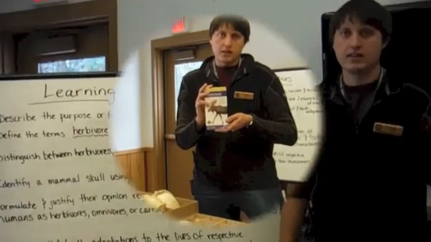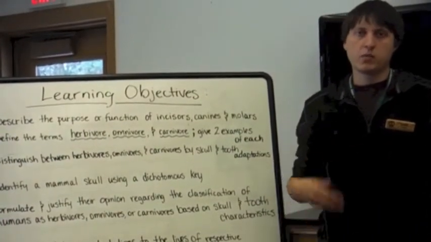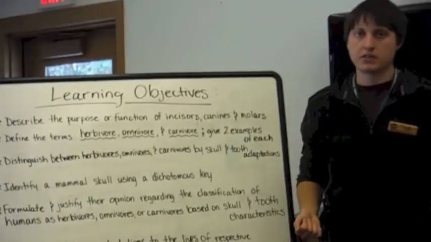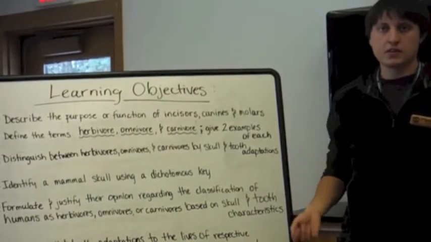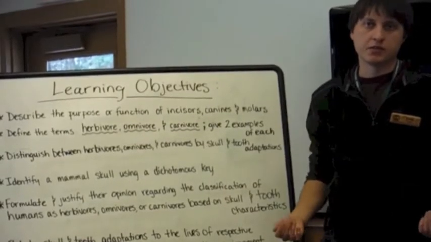So when concluding the Skullduggery lesson, one thing we want to do is make sure that we review the learning objectives, so making sure that the students can distinguish the differences between herbivores, omnivores, and carnivores.